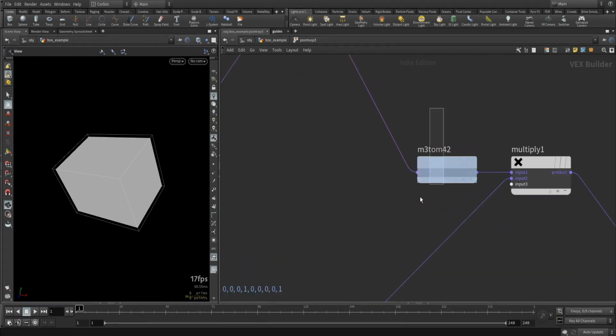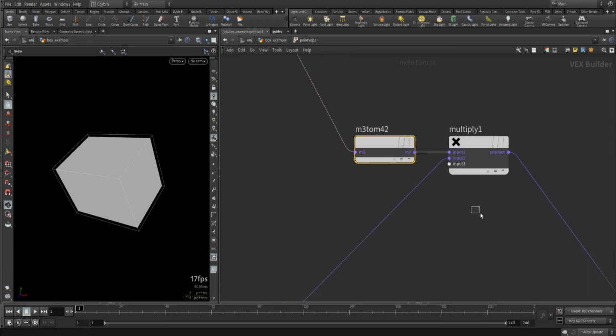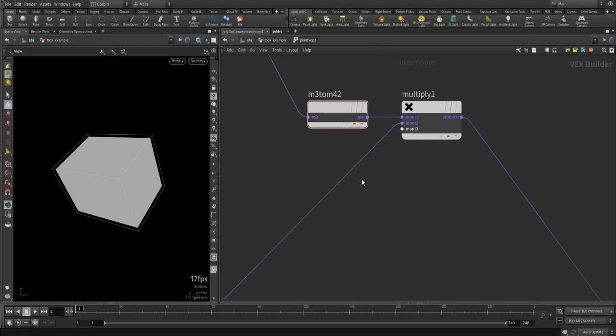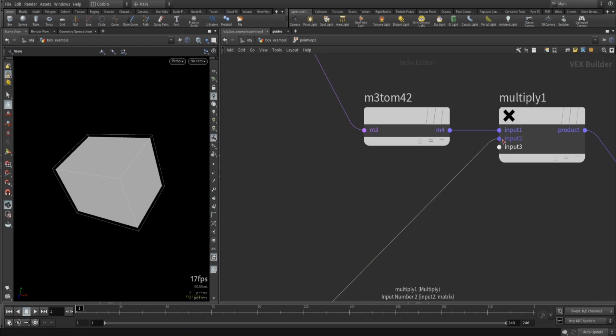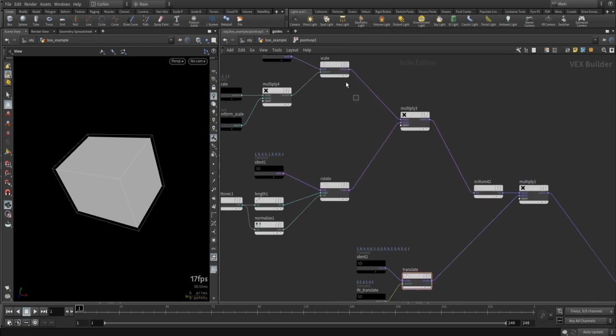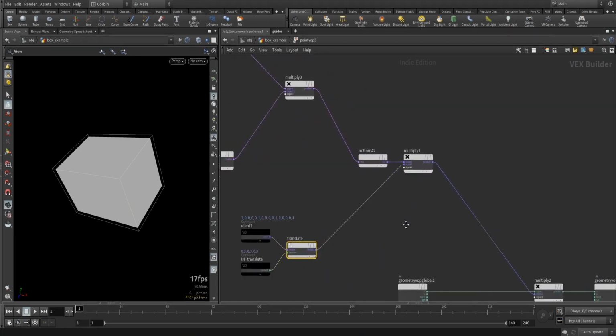So what we have to do before doing that is convert from a matrix 3 to a matrix 4 so that the type is correct, so that there are empty spaces where this information can be stored. So now, because our input is a matrix 4, the output will also be a matrix 4, and then we put translate in a second input so that we have gone scale, rotate, translate.